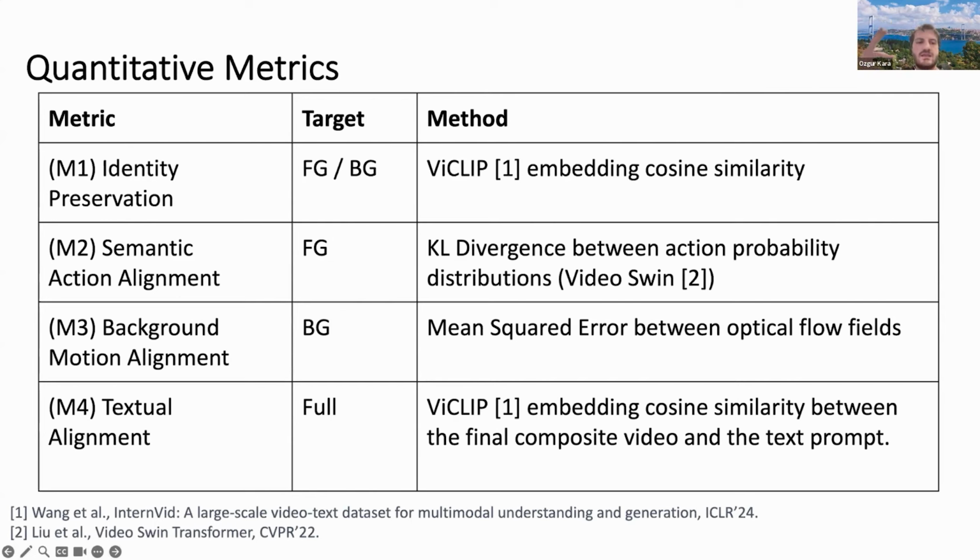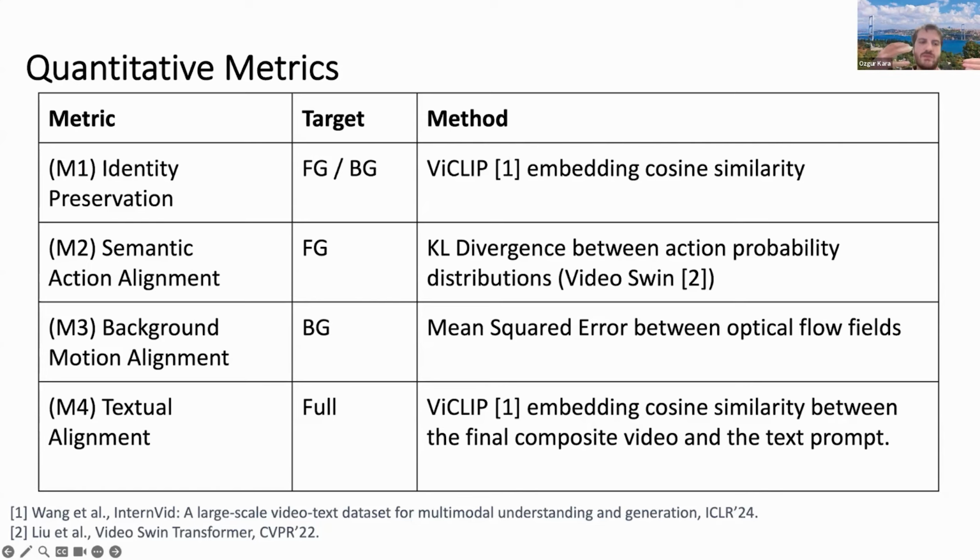The second metric is measuring how much the semantic action is aligned in the generated video with the original foreground video, because we want to make sure that the motion and the identity are consistent with what we have been feeding with the foreground and background.